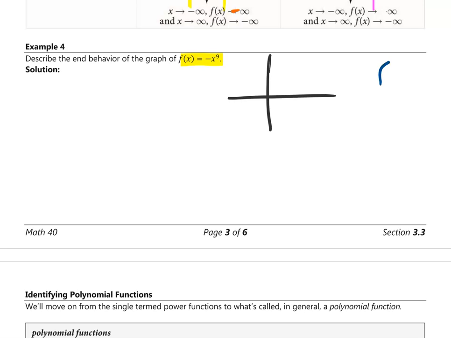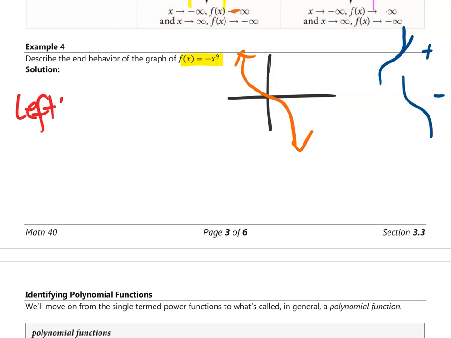If it's positive, it looks like this, like an S. If it's negative, it's like this. So it should look like this. Okay, so what's going to be the end behavior of this?